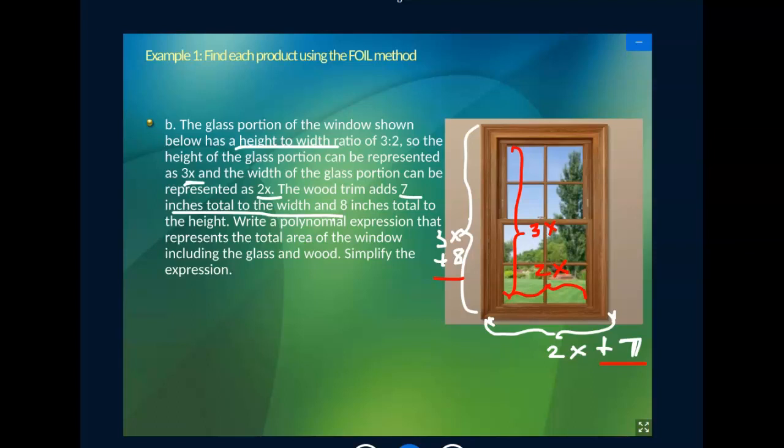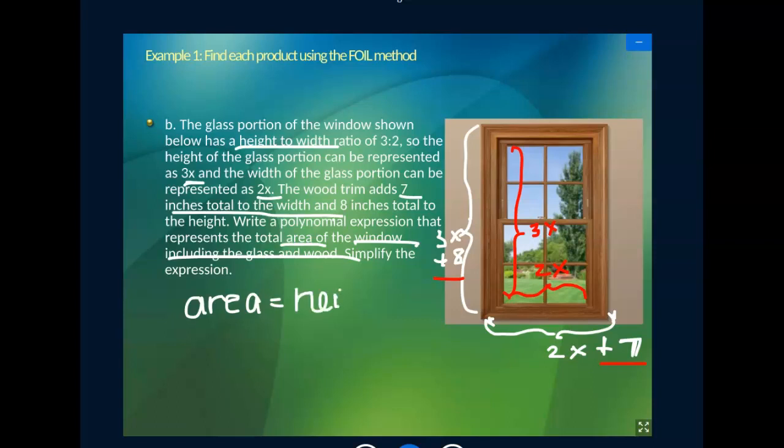Write a polynomial expression that represents the area of the window, including the wood. So what's the formula for area just in general? Area is equal to what? Length times width. But in this case, instead of length, we might call it height, because the problem's talking about height.